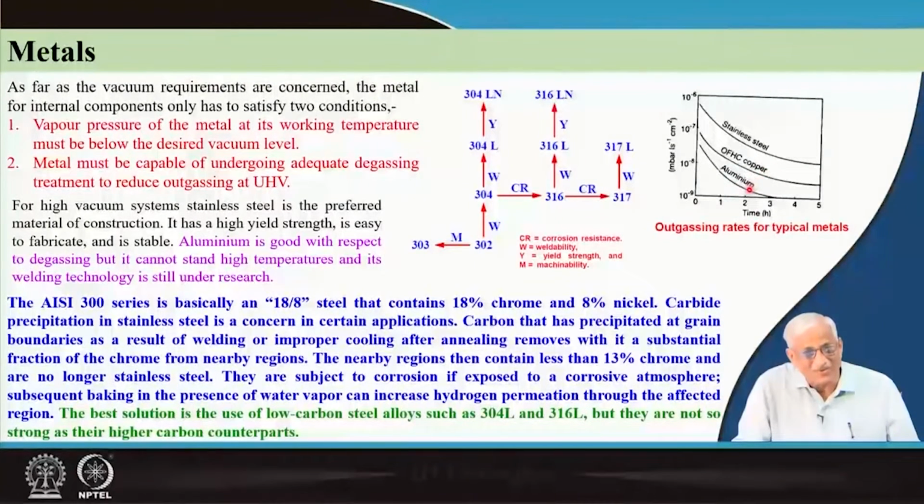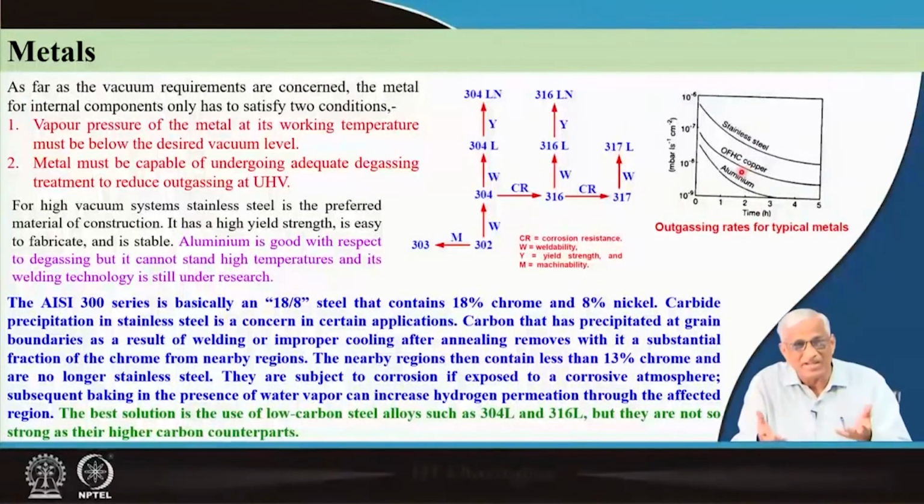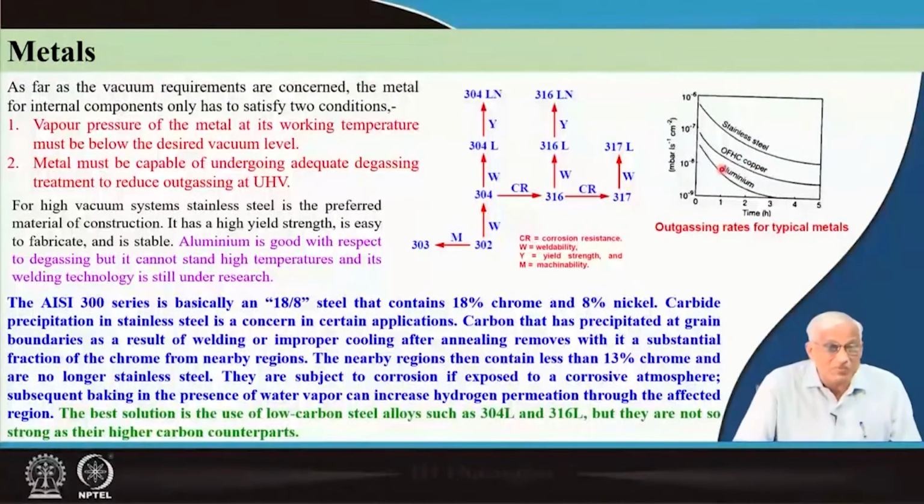And on the lighter side, copper people will steal, because they can remelt it immediately and use it. Stainless steel, nobody will steal, because if you remelt it, unless you make exactly 18 by 8, you will get only rusted iron, that is very cheap. But aluminum is ideal, but unfortunately aluminum welding is still a research problem.